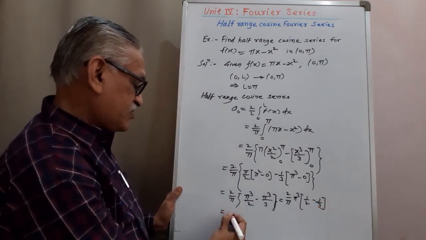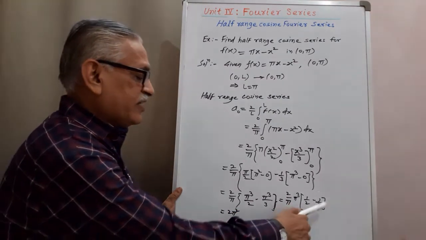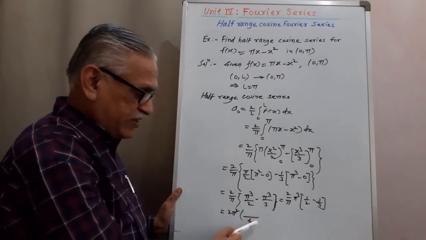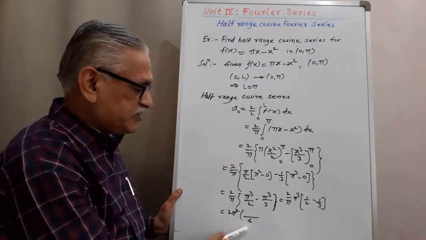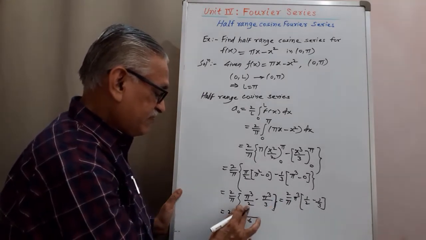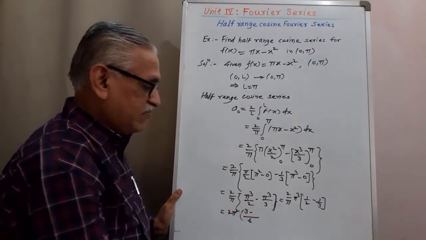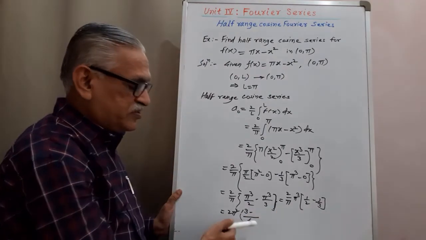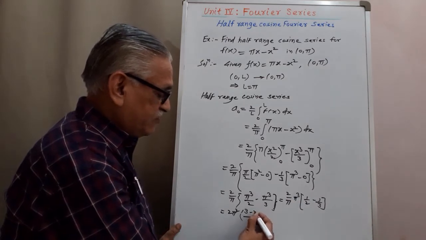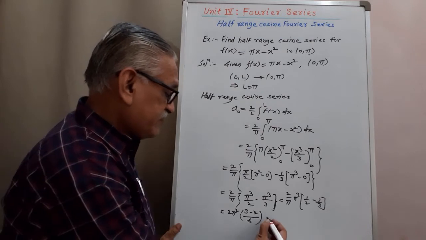Then it is 2 pi square, 1 pi gets cancelled. Finding LCM of this, LCM is 6. Dividing by 2 we get 3, with 3 into 1 we get 3. Minus, dividing by 3 we get 2, and 2 into 1 we get 2, and therefore 3 minus 2 we get 1 by 6.